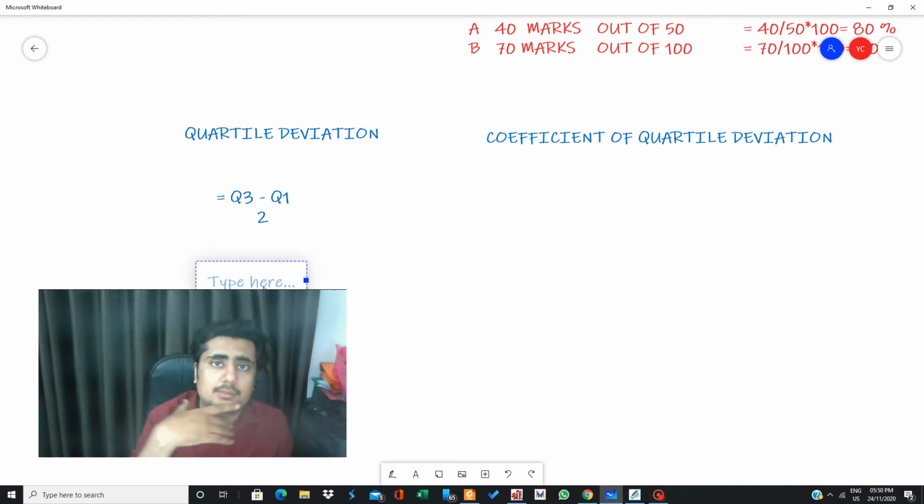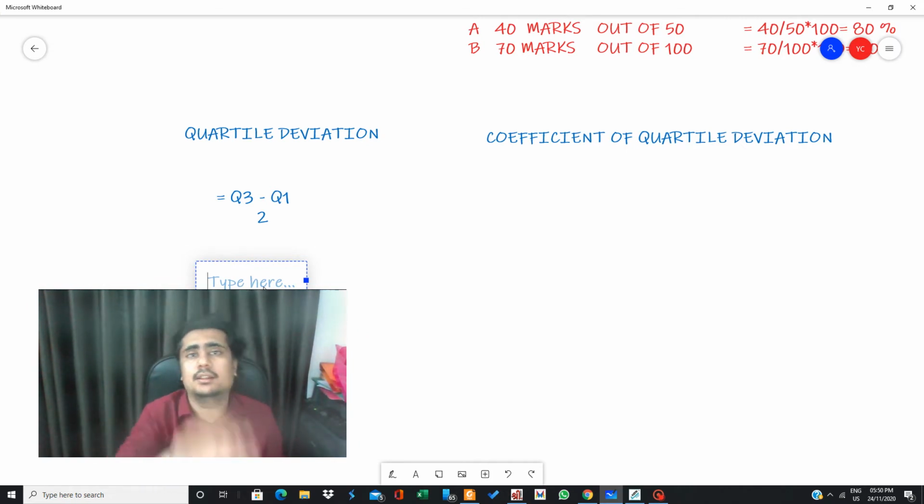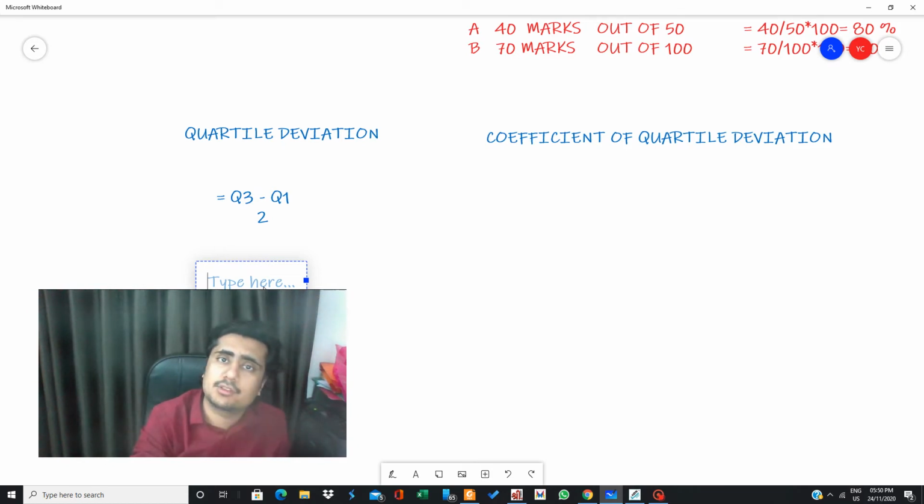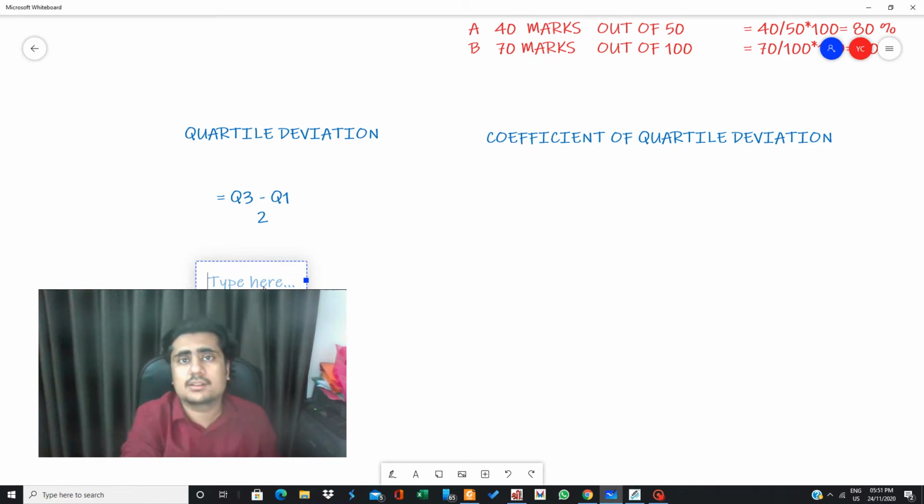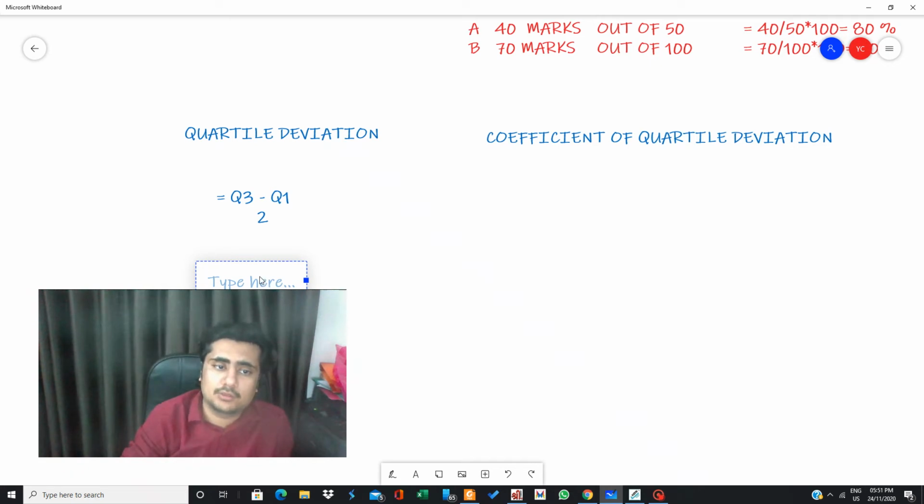If you remember both, then this is merely putting the digits in this formula. If you don't remember what Q3 and Q1 were, we are doing the sums to refresh those topics. This is the formula for quartile deviation.